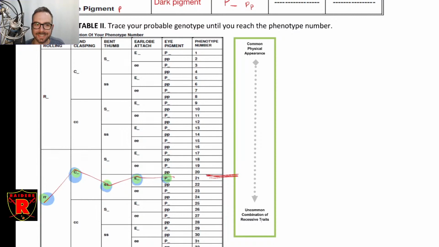If that's you, please say something. Fascinating. There we go. We got 3 people with phenotype number 1. That's pretty common. No 32s again.